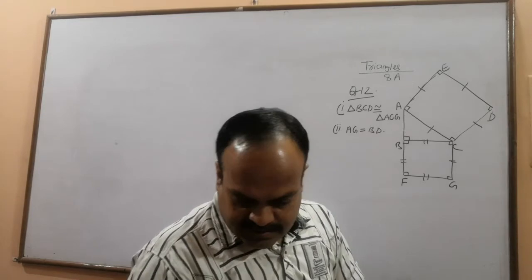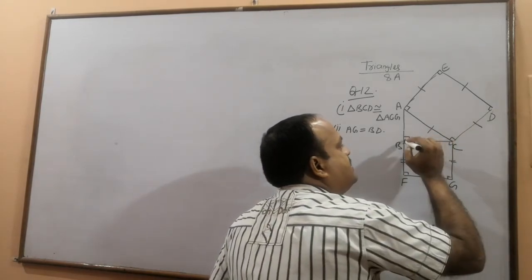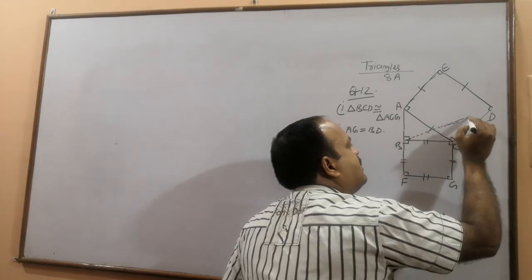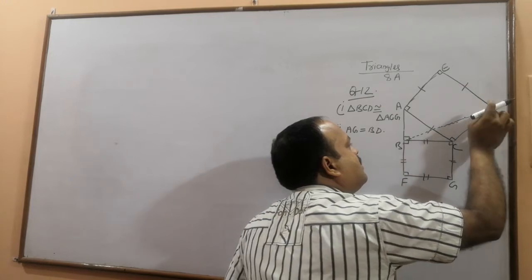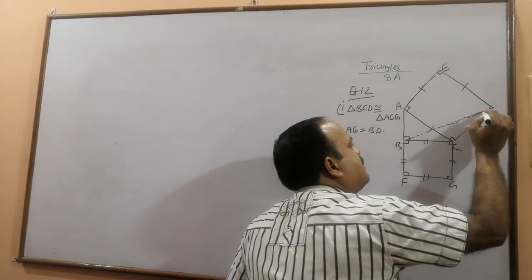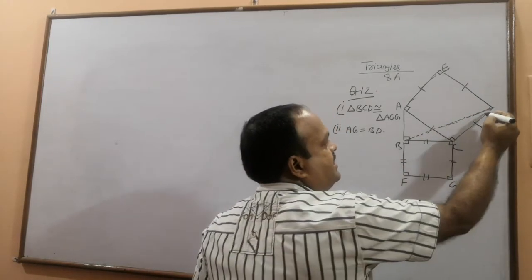BCD, we need to join this B with D. So this is triangle BCD.